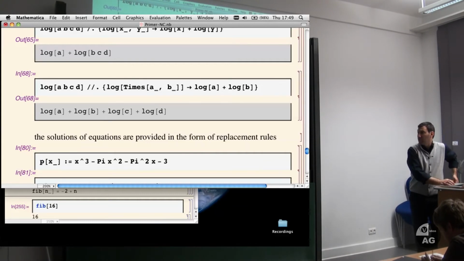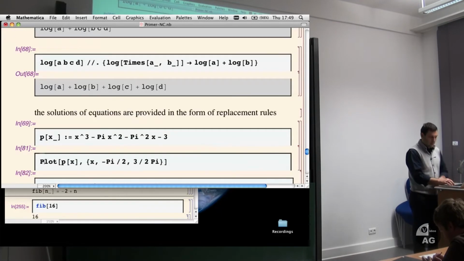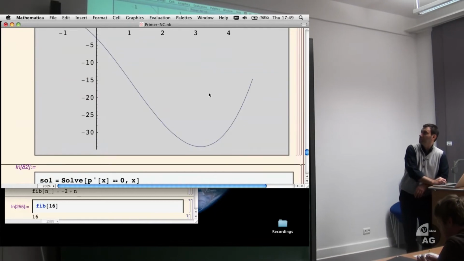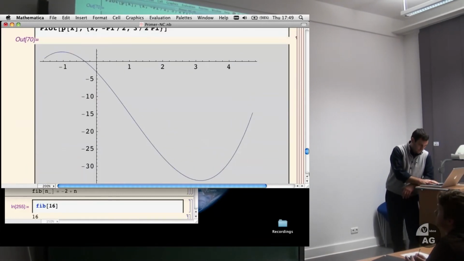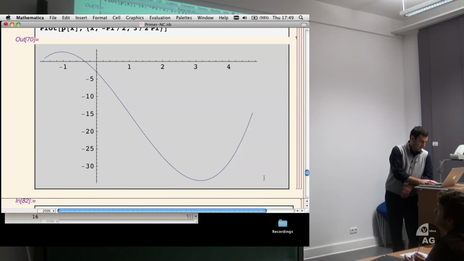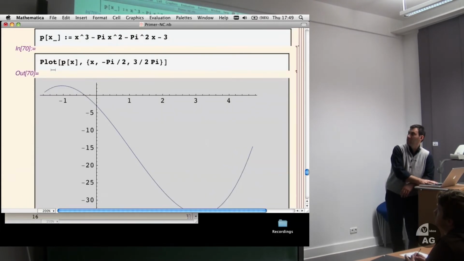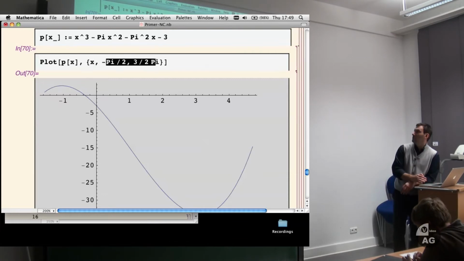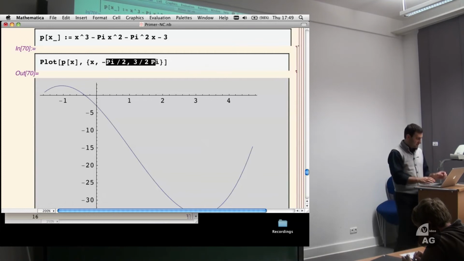So replacement rules are used by Mathematica, for instance, to give solutions to equations. Here we have a polynomial. Let's plot the polynomial. I told you already how to plot functions. You just pass the function with an argument, then you bind the argument, and you fix the intervals.